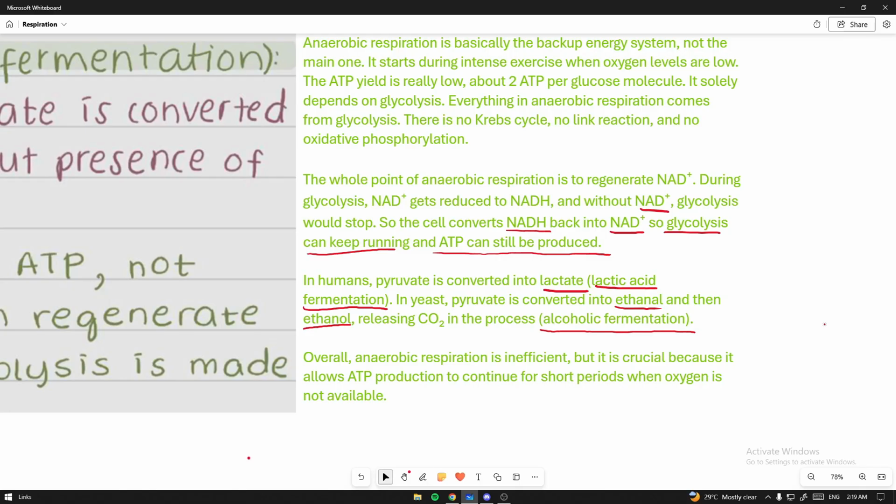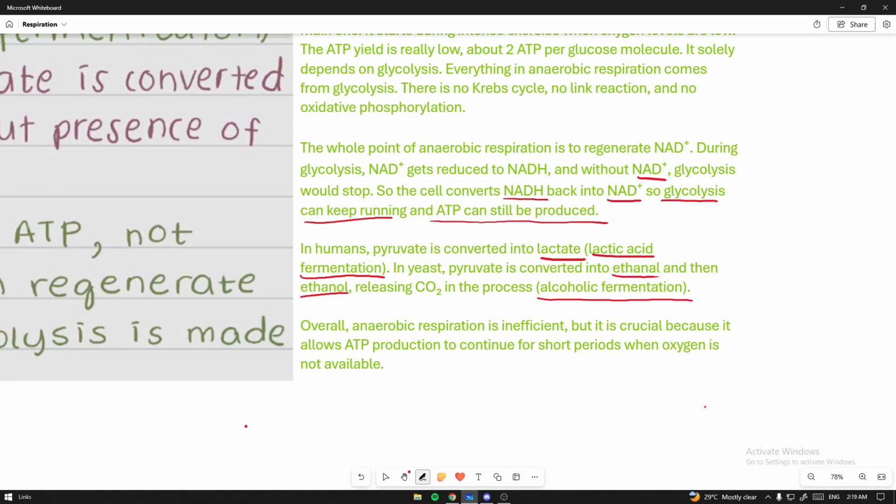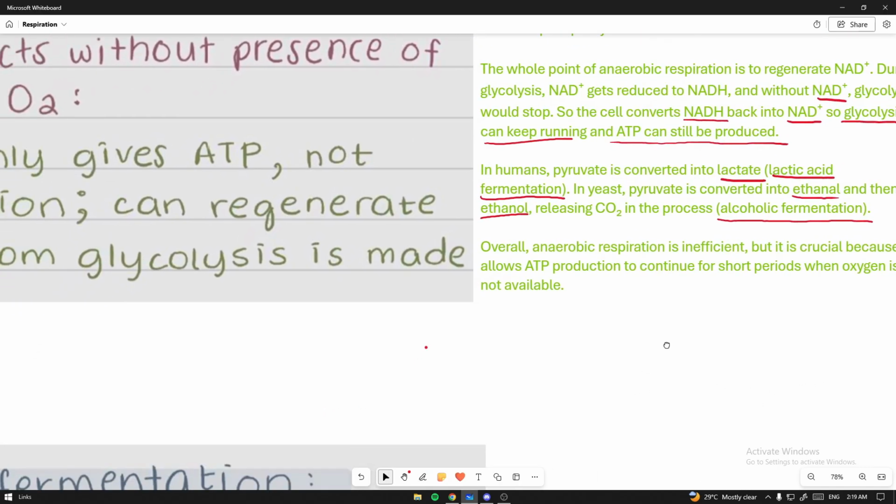Fermentation is also used to make alcoholic beverages. It's nothing new. Overall, anaerobic respiration is inefficient, but it is crucial because it allows ATP production to continue for short periods when oxygen is not available. That's it. Now we can move on to the next point.